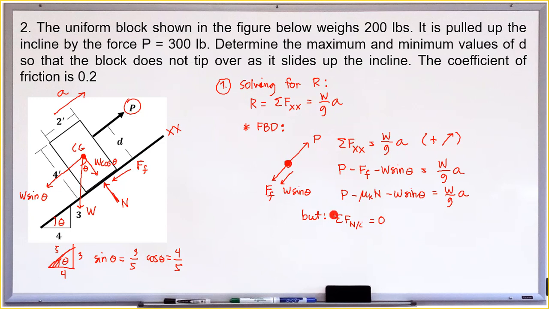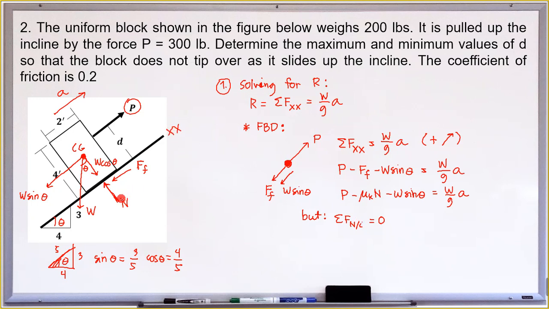Again, this concept is from the previous lesson, in the analysis of a particle, where the summation of forces along an axis that is not the axis of the object's motion should be zero, because the axis of the object's motion is axis XX.